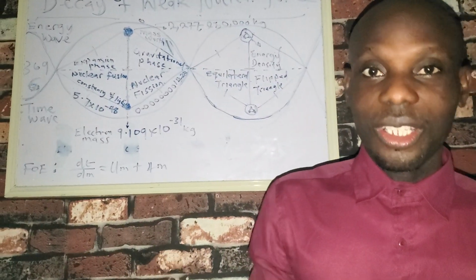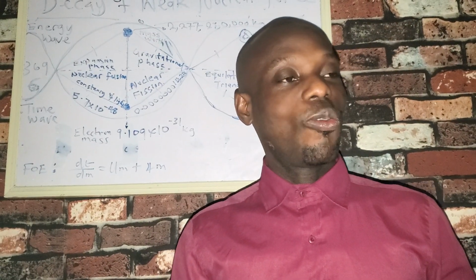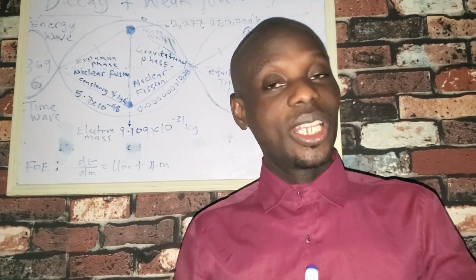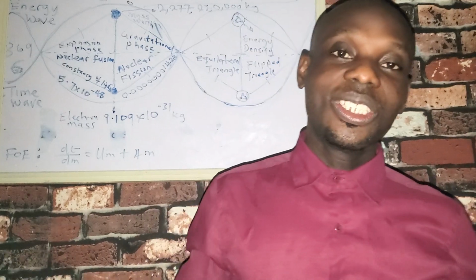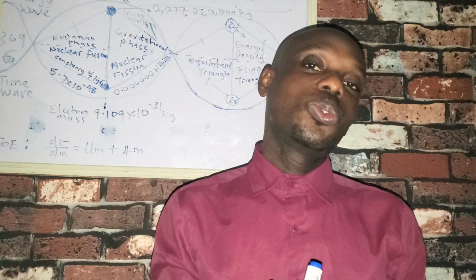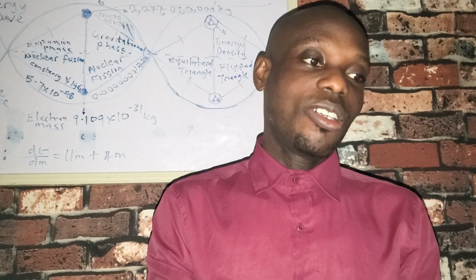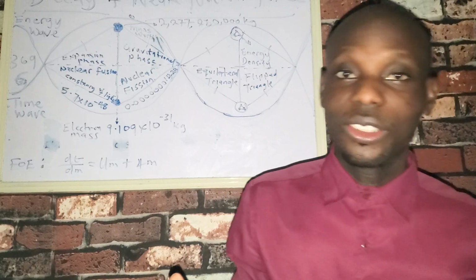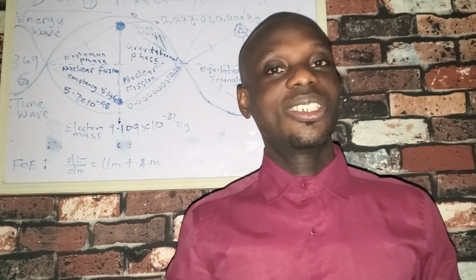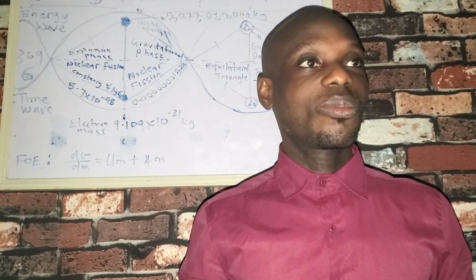which is decaying of mass. Basically, just as we have nuclear fission, we as well have nuclear fusion. And so the nuclear fusion is the merging of deuterium and tritium. Those two are two isotopes of hydrogen.